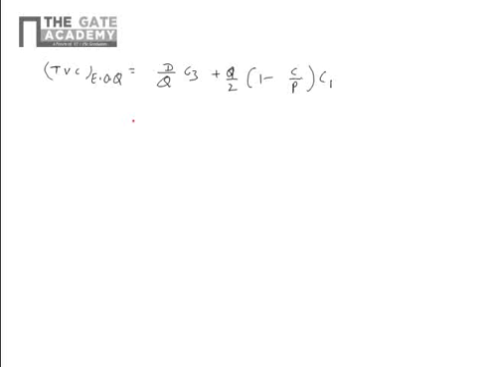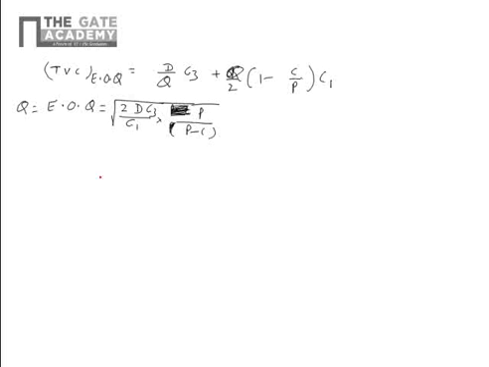So substitute Q equal to the economic order quantity, EOQ equal to square root of 2DC3 by C1 into P by P minus C. So P by P minus C is a multiplication factor inside the root.